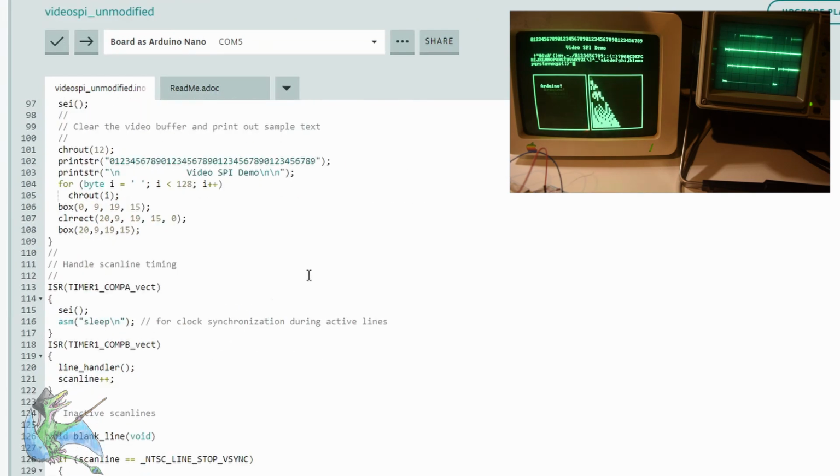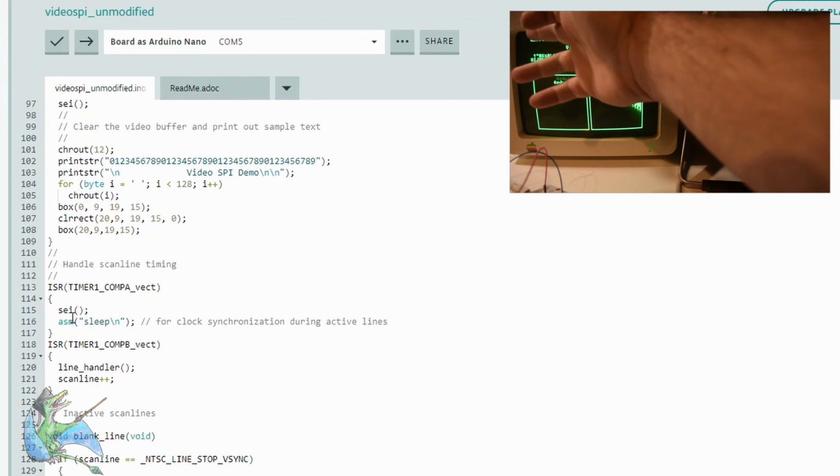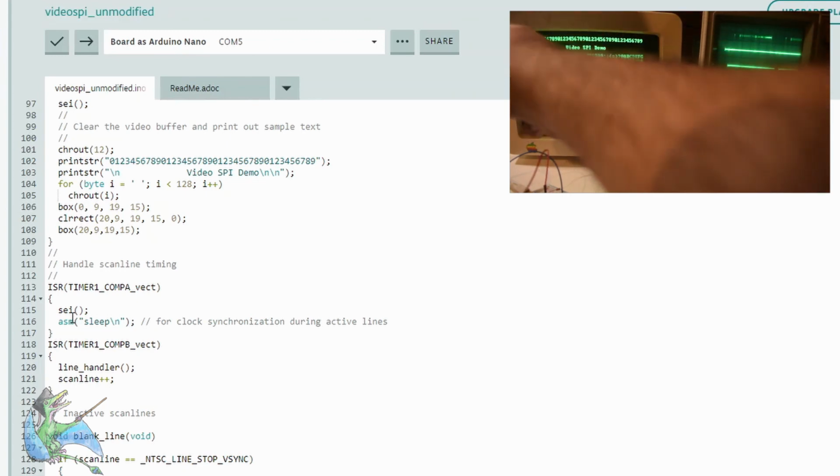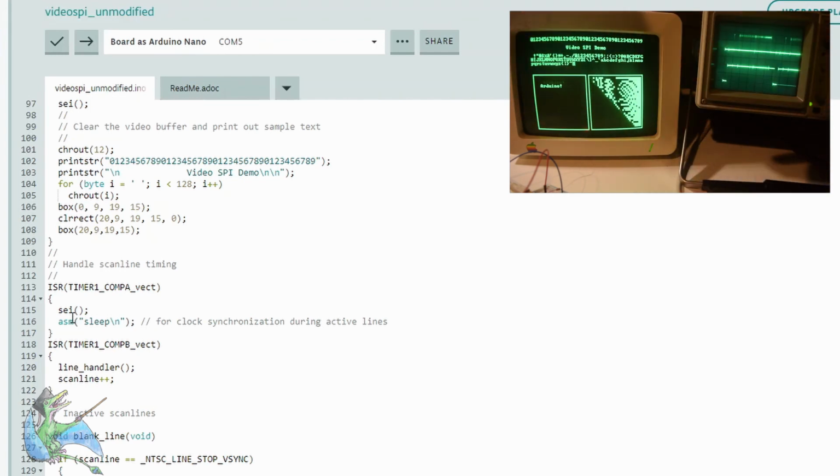And it will also fire an interrupt each time. During the interrupt, when it goes down, all it actually does is put the CPU to sleep briefly. The reason it does that is long and complicated, and I won't get too deep into it, but basically it ensures that all of the lines, when it wakes up, start at exactly the same number of microseconds since the beginning.